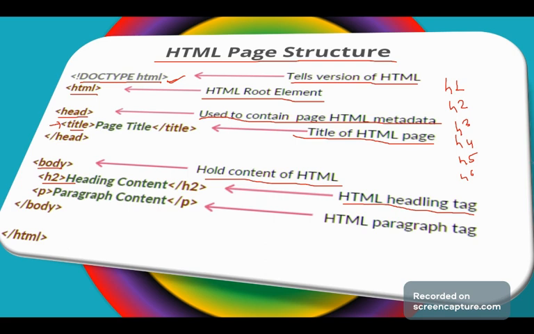We have been provided with 6 heading tags in HTML, in which the H1 has the biggest font size and the H6 has the smallest font size. We can use any of the heading tags in our HTML program.